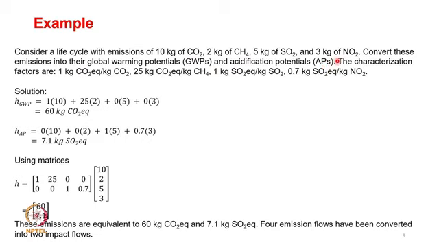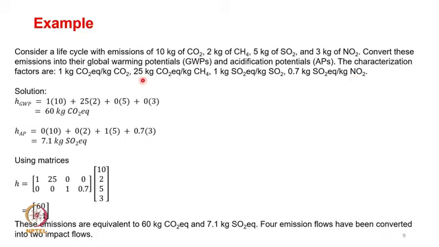The characterization factors are 1 kilogram of CO2 equivalent per kilogram of CO2, 25 kilogram CO2 equivalent per kilogram of CH4, 1 kilogram of SO2 equivalent per kilogram of SO2, and 0.7 kilogram of SO2 equivalent per kilogram of NO2. These are the conversion factors.